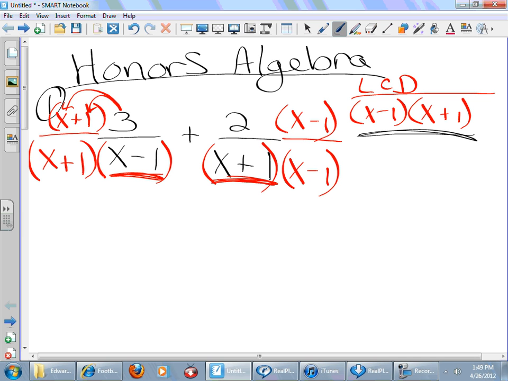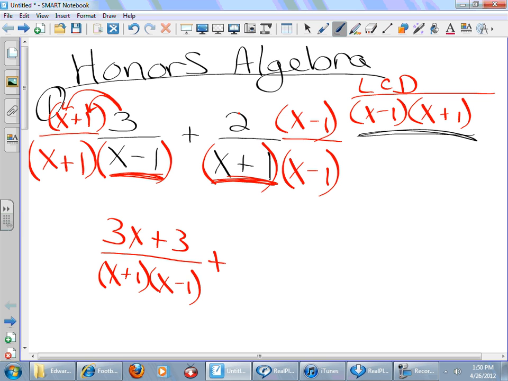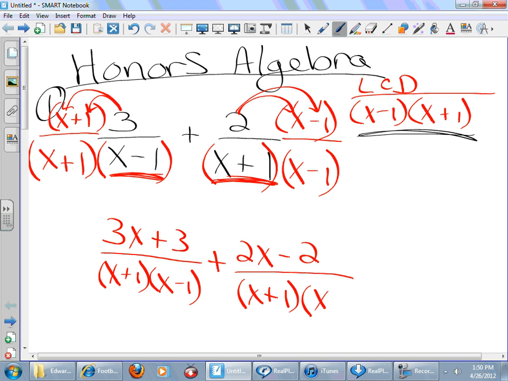So the fraction on the left is going to turn into 3x plus 3 over the quantity of x plus 1, x minus 1. Now, some of you are going to want to write x squared minus 1, and that's perfectly fine. You can do that. On the right, I'm going to distribute the 2, and I'm going to get a 2x minus 2, and that'll be over x plus 1 times the quantity x minus 1.